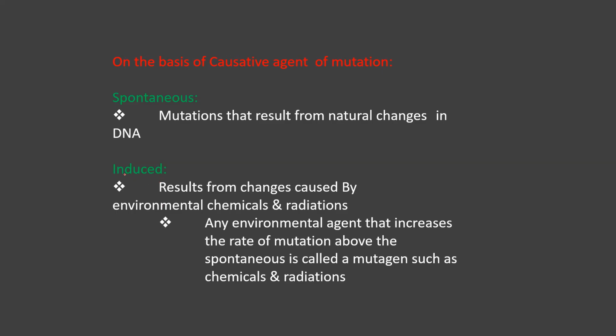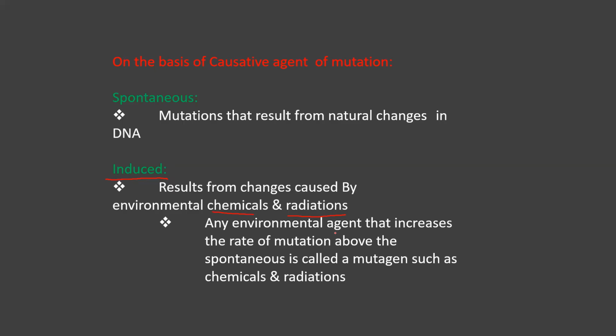Then you have induced mutations. And these are, of course, caused by changes in the environment. So we're looking at chemicals, looking at radiation, right? So any environmental agent that can increase the rate of mutation above the normal spontaneous rate is going to be a mutagen.